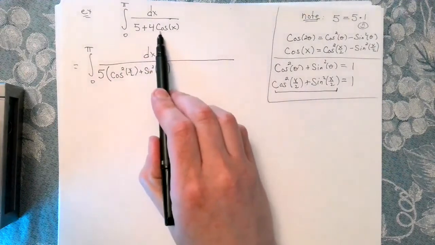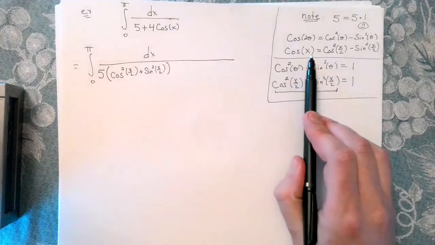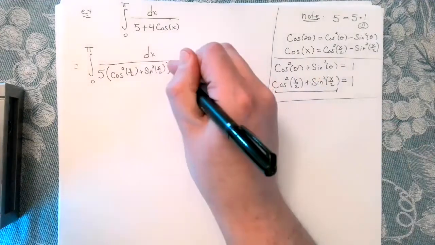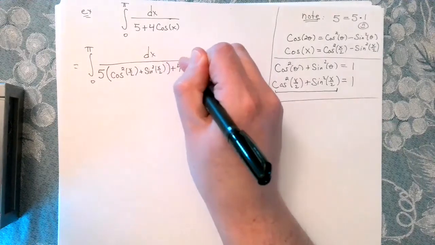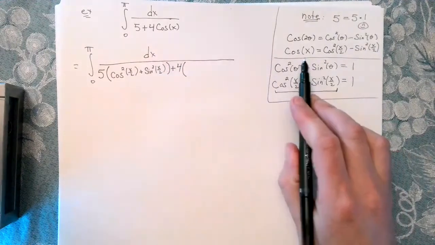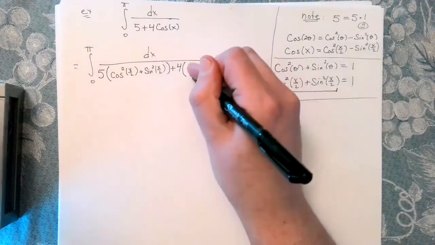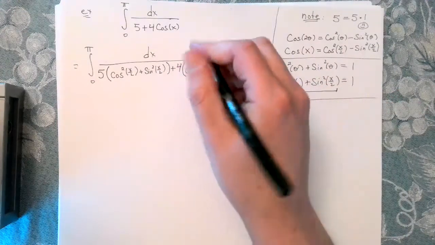And then here, we're going to replace this with this. Notice the angles are all compatible now. So it looks like goodbye cosine of x, hello cosine squared of x over 2 minus sine squared of x over 2, and we'll see how that's helpful.